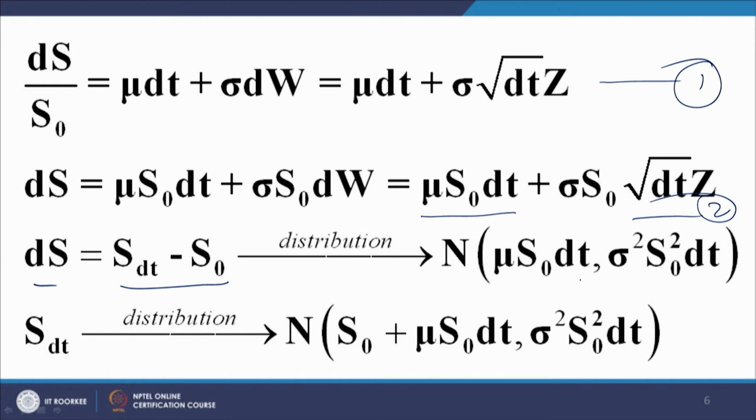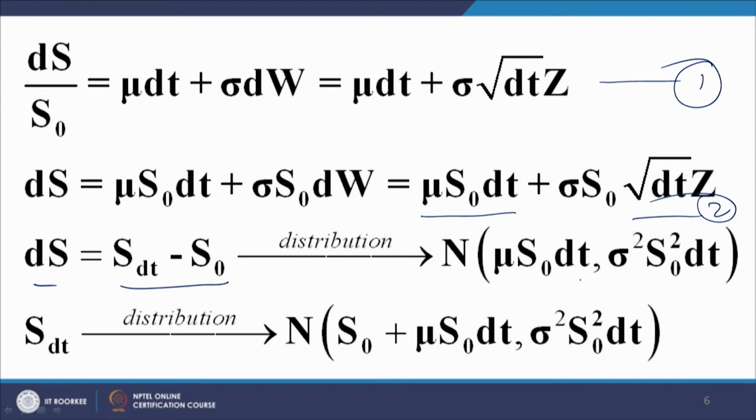So, as per this model, which is appropriate for predicting price over small time periods, for example, of days or weeks, and not much more than that, ds is equal to s dt minus S naught, and ds is normally distributed with a mean of mu S naught dt and a variance of sigma square S naught square dt.